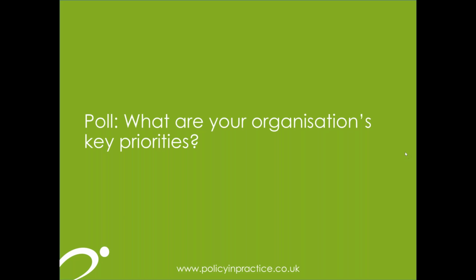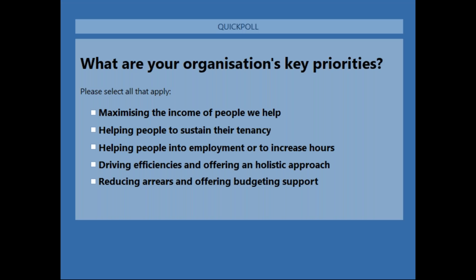Okay, so now we're going to do a quick poll. I'm quite interested in learning about your organisation's key priorities, so we have a few different questions here. First, maximising the income of the people that we help. Number 2, helping people to sustain their tenancies.